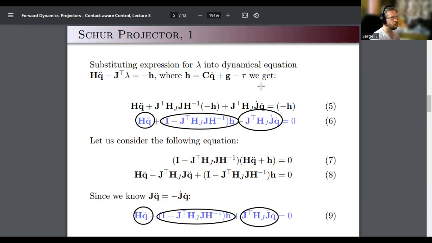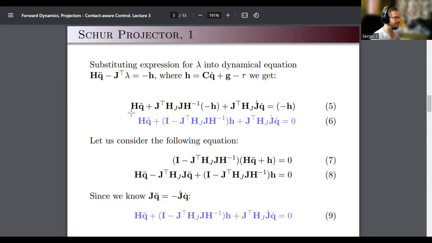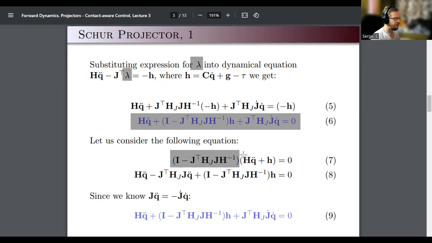Term by term, you can check. It is exactly the same equation. So what we found is that the manipulated equation in which we substituted the analytical expression for lambda is exactly the same as this guy multiplying the manipulated equation without constraints.